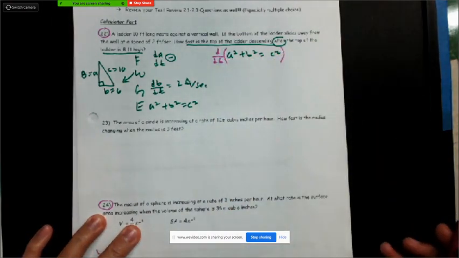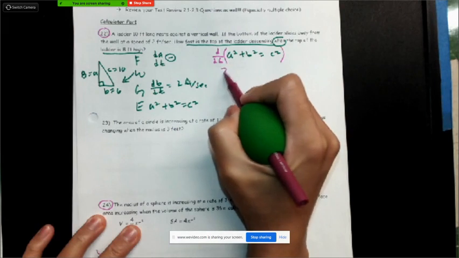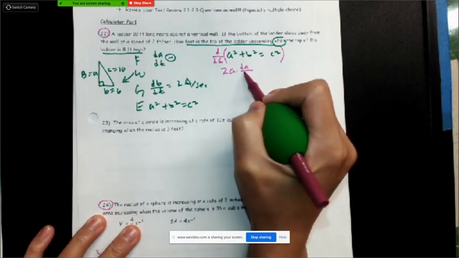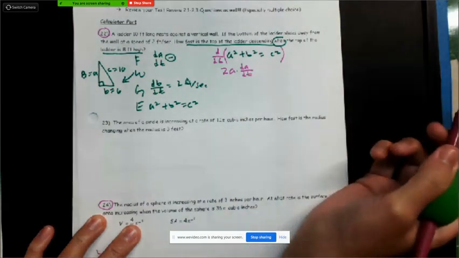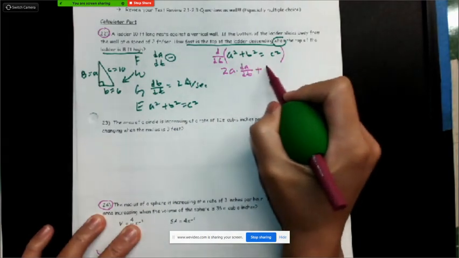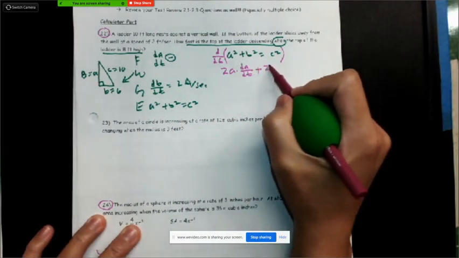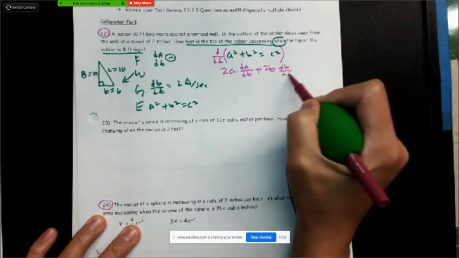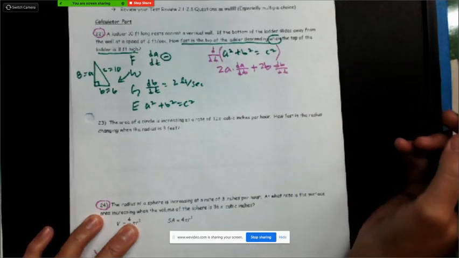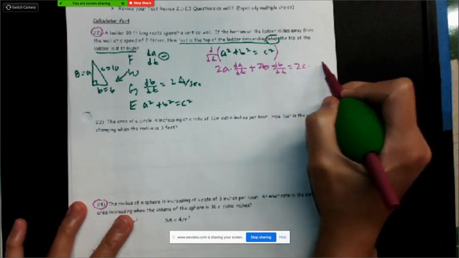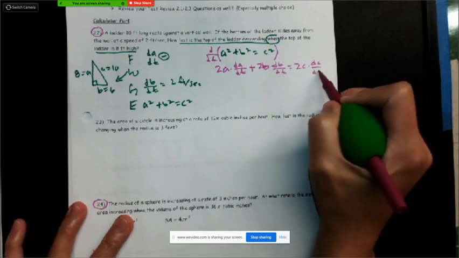What is the derivative of A squared? 2A, and we have to add dA over dt. Plus, what is the derivative of B squared? 2B, and it's dB over dt. And the last one, what is the derivative of C squared? 2C, and it's dC over dt.